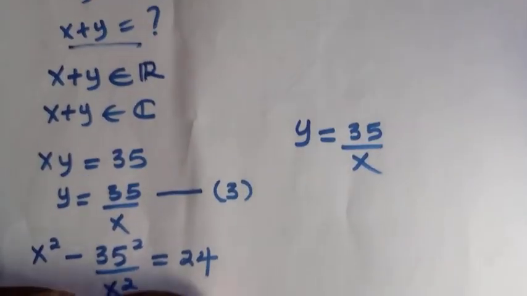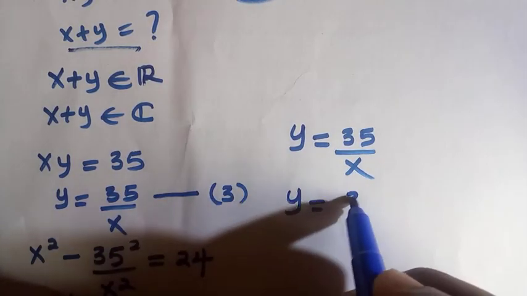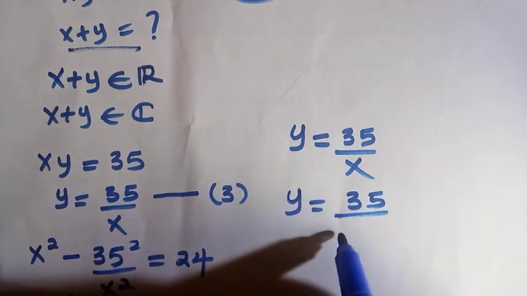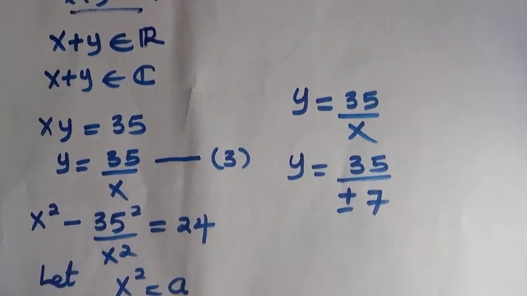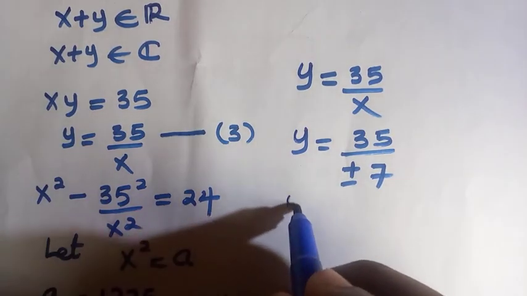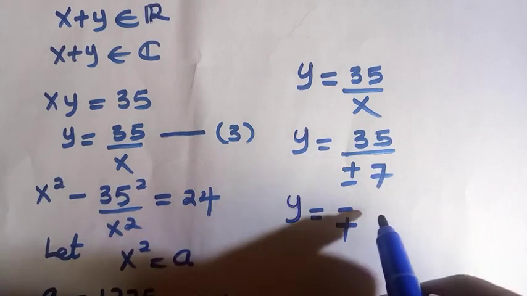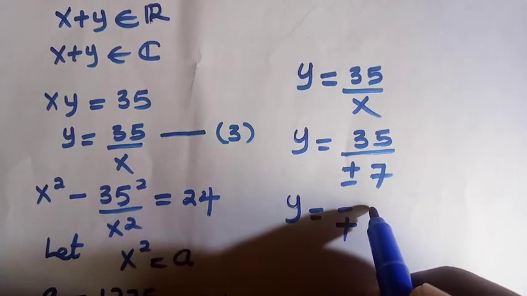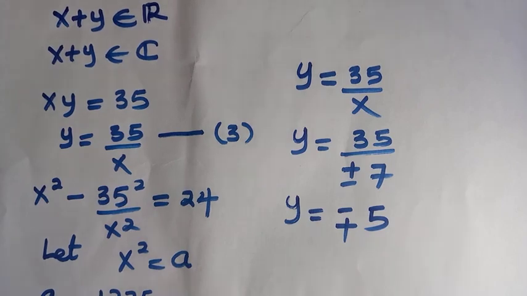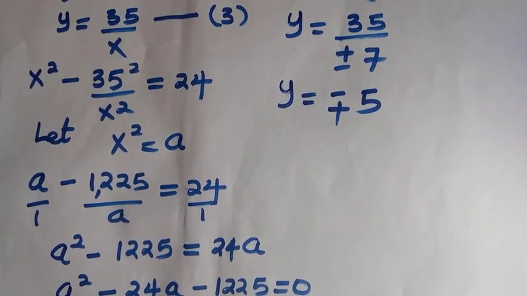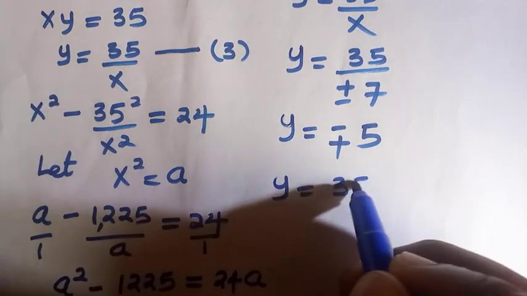To get the value of y, we substitute the values, so y equals 35 divided by plus or minus 7. Then this becomes y equals plus or minus 5, since 7 into 35 is 5. So this is the value of y at x equals plus or minus 7.